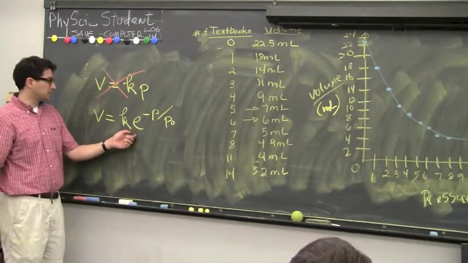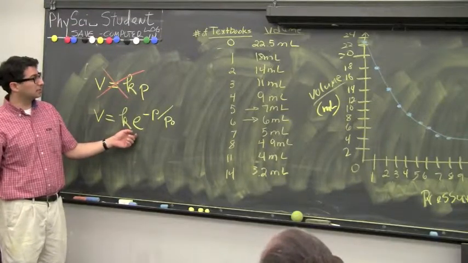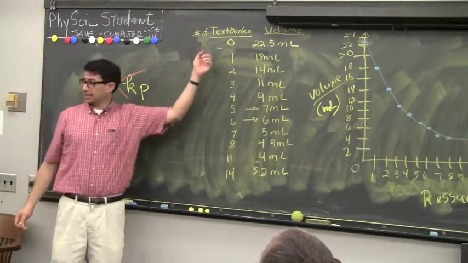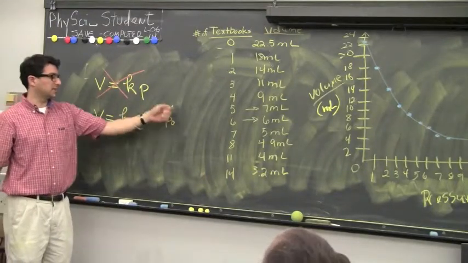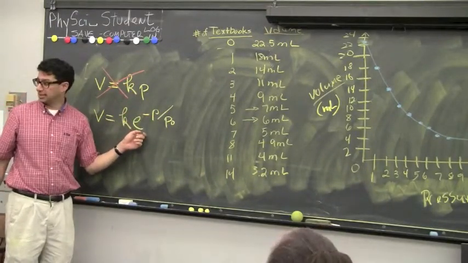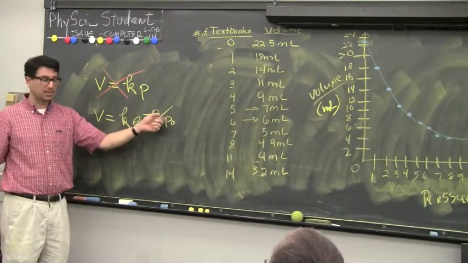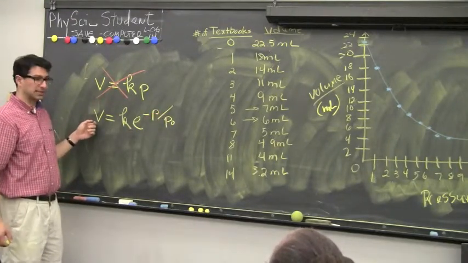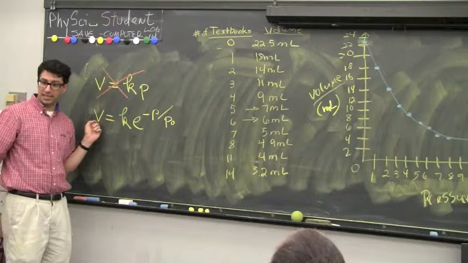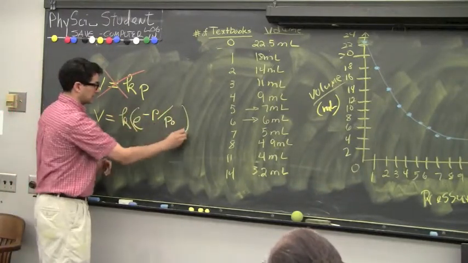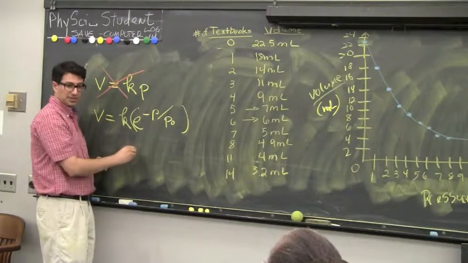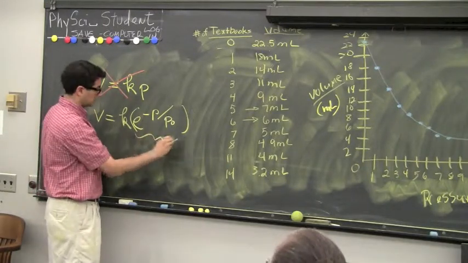What you would do is take your P's, plug them into e to the minus P, and then compare it against the V's and see if you've got a straight line. Because if I think of this whole thing as some new variable, then I would get a straight line going down.